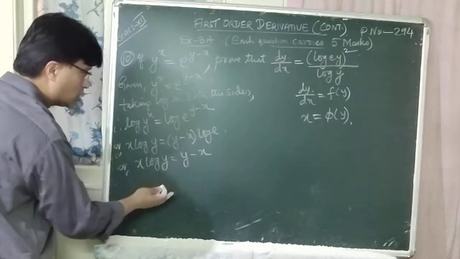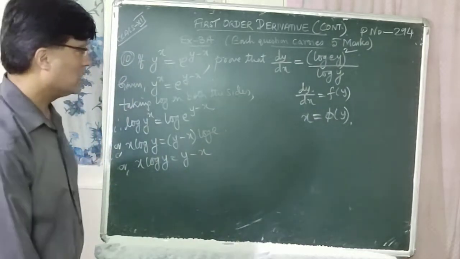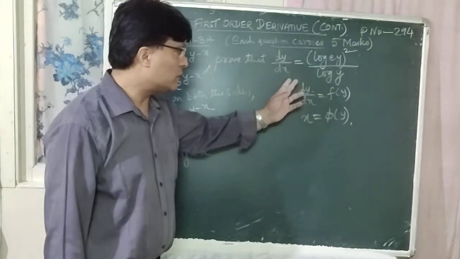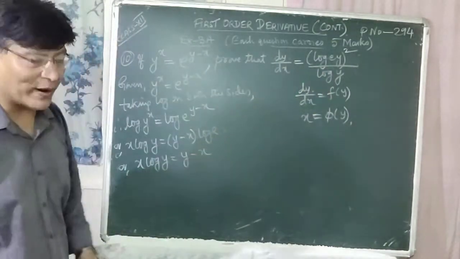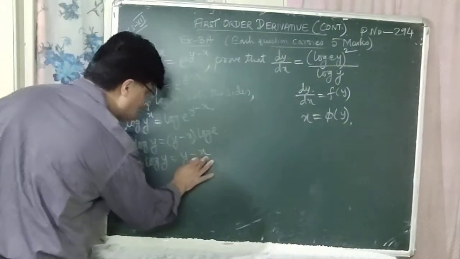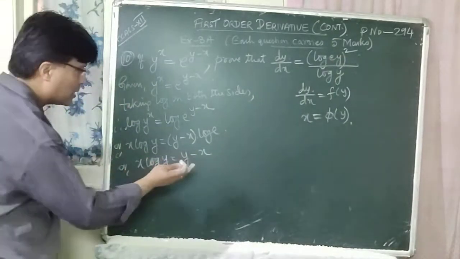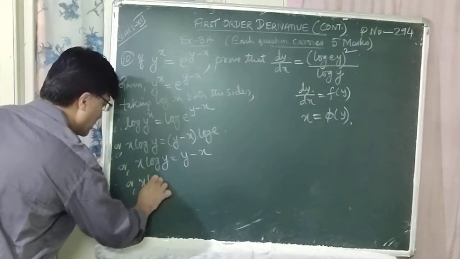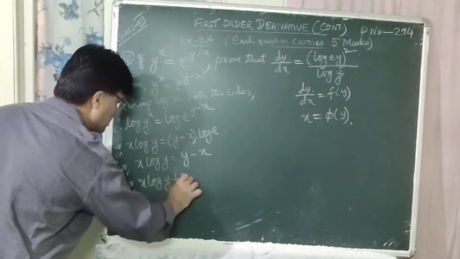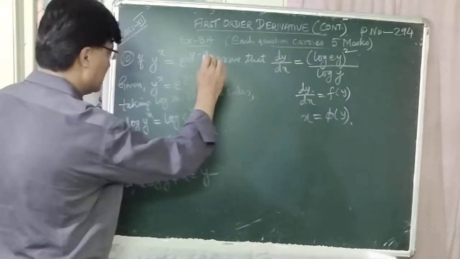Okay. So now I told you that if you want to prove dy by dx as a function of y, you have to express x as a function of y. So you can keep the terms containing x on the left hand side. That is, minus x taken to the left hand side, or x log y plus x is equal to y.